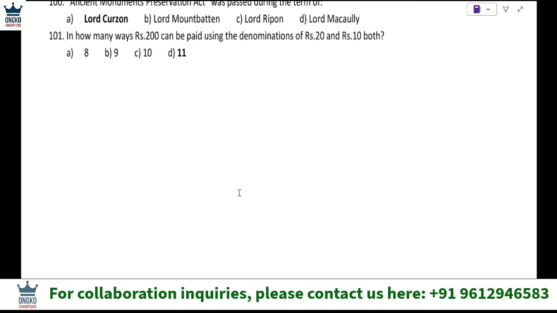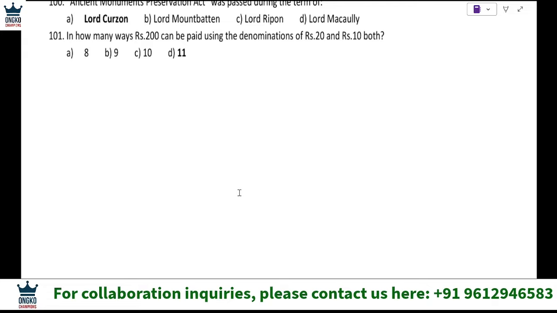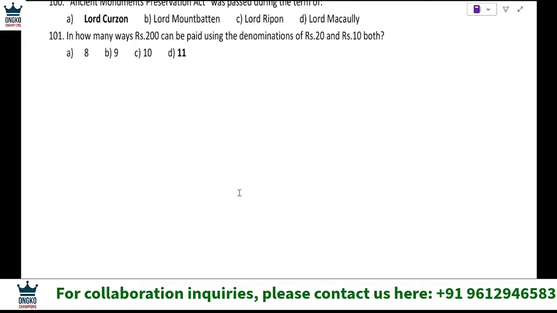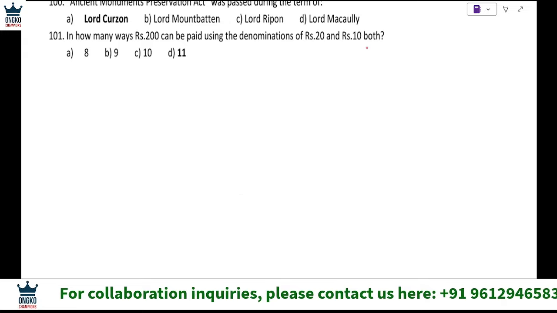So now question number 1 is regarding denomination. In how many ways can rupees 200 be paid using the denomination of rupees 20 and 10 rupees? So it's mentioned both, right?